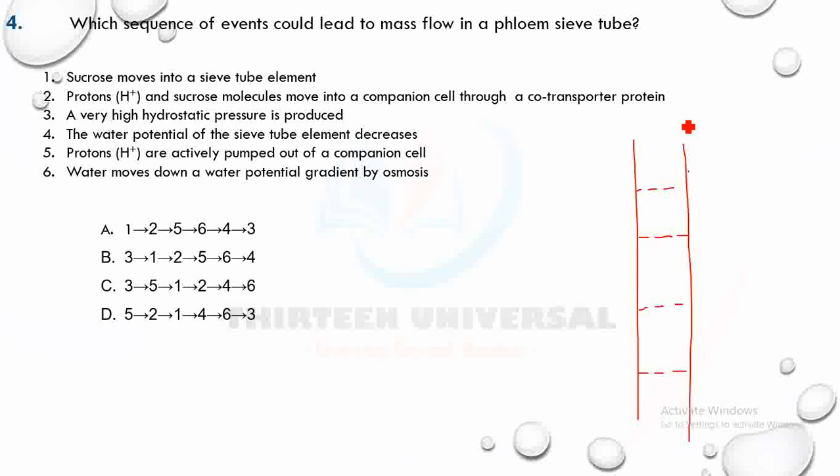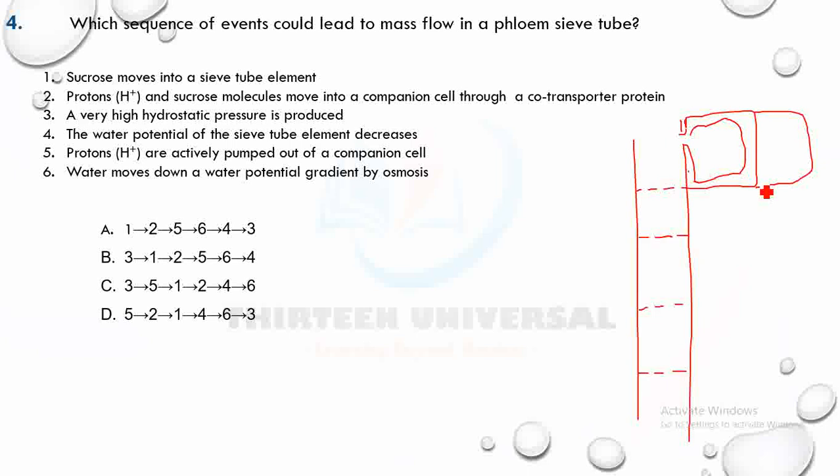So we have something like this, the companion cell. Yeah, just to draw the diagram for you. You can see that that's the companion cell, and the cell wall. So this is a source cell.